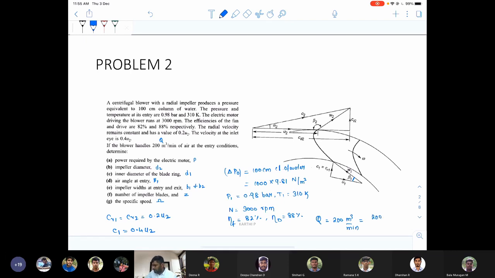Therefore, 200 divided by 60 gives 3.333 meter cube per second. So the value of Q is equal to 3.333 meter cube per second. This is the given data.